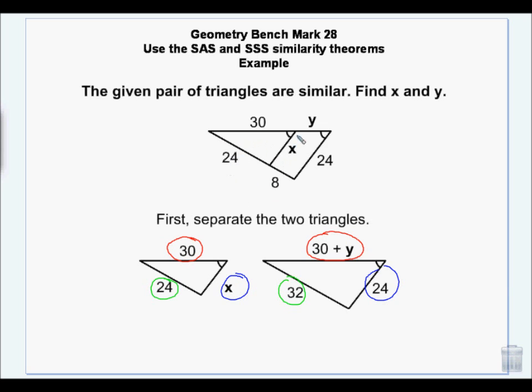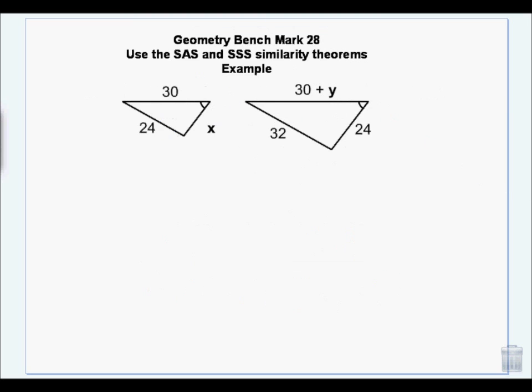Any question on how we separate the triangles? Again, we had these two together, these two together, and these two together. So we need to set up proportions to solve.